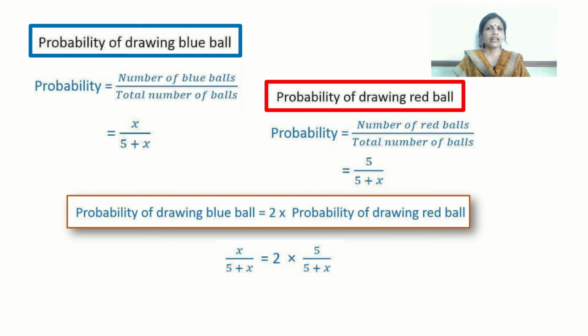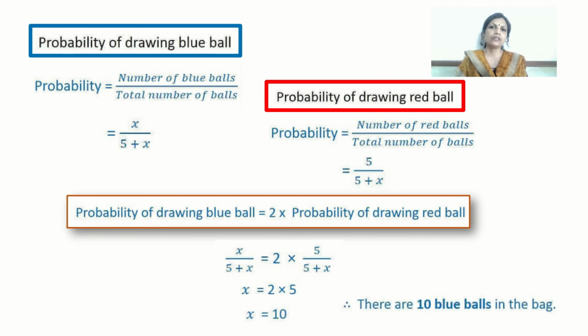So we can cancel 5 plus x from both the sides. So what you are left with, x is equal to 2 into 5. So x is equal to 10. That means there are 10 blue balls in the bag. So this is one of the important sums, and you can consider this sum as a higher order thinking level sum.